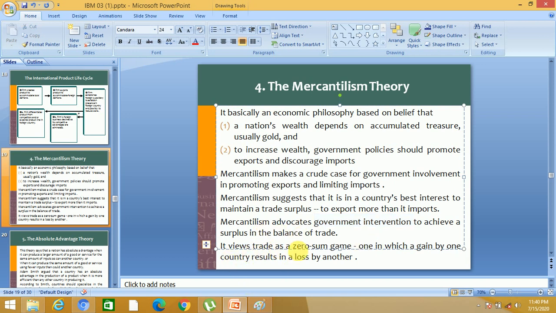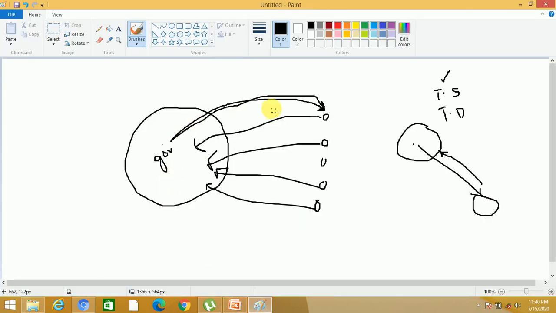It views trade as a zero-sum game. Zero-sum game means one in which a gain by one country results in a loss by another country. Now, if we are exporting more to these countries, we are getting the advantage and they are losing, because we are not importing from them.